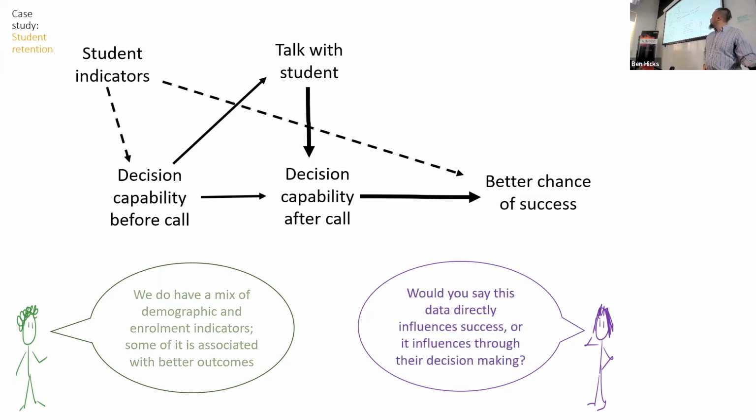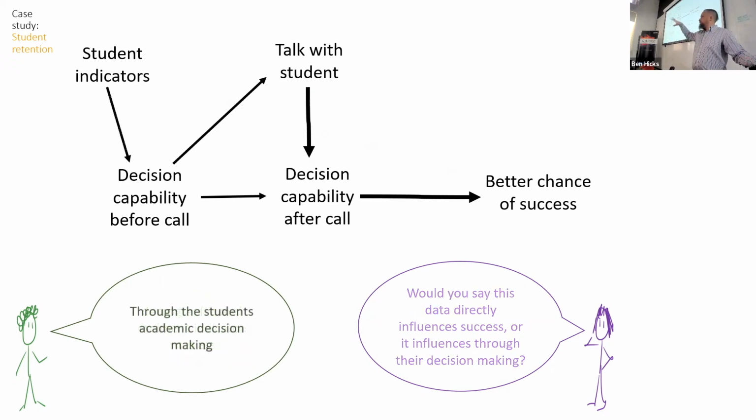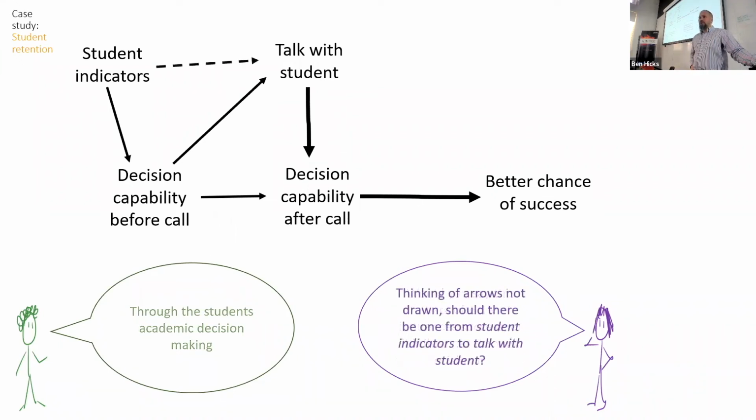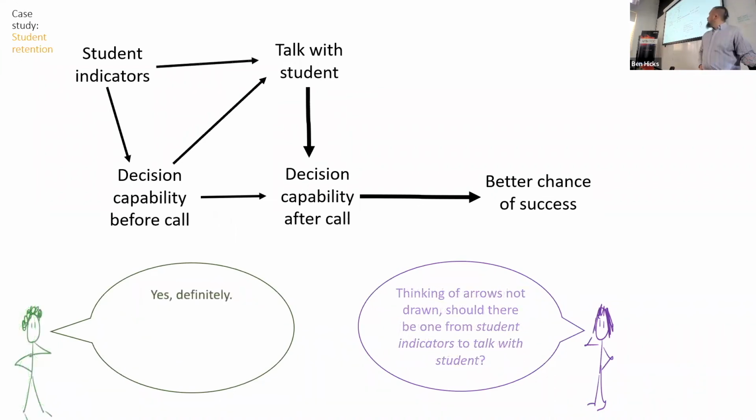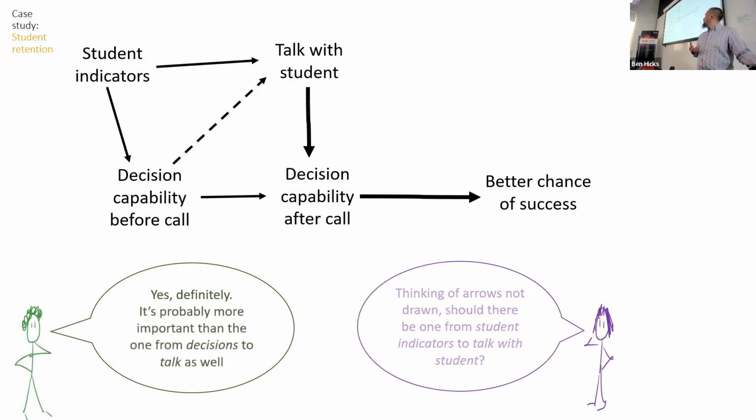So the rest of the conversation develops this student indicators one, which we haven't really modeled yet, but it's representing the factors that influence the decision-making capability before the phone call, and possibly the chance of talking to a student. And in the end, at the last point of this model, we're not entirely sure about one of those parts, so we just draw that in as a dotted line.